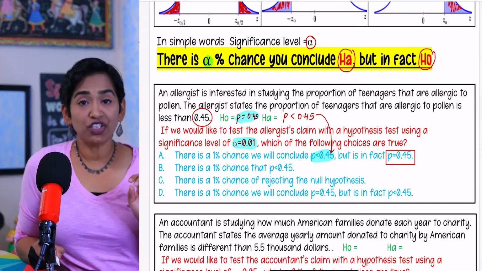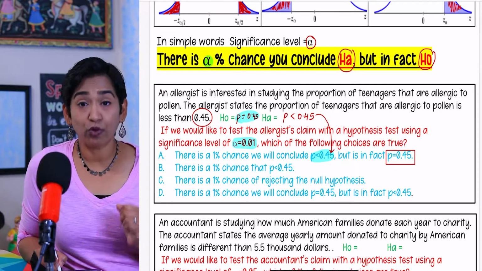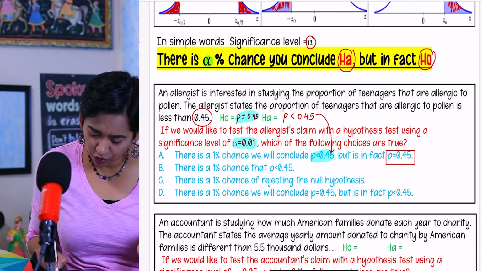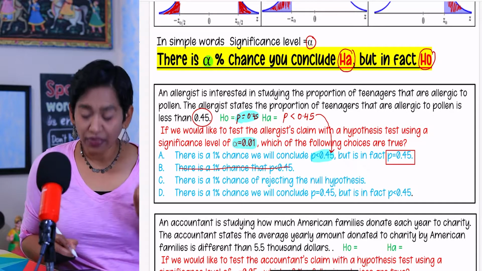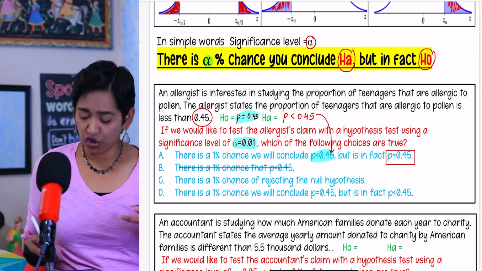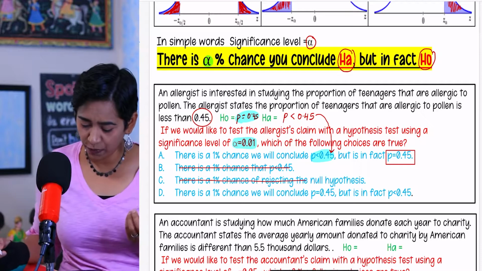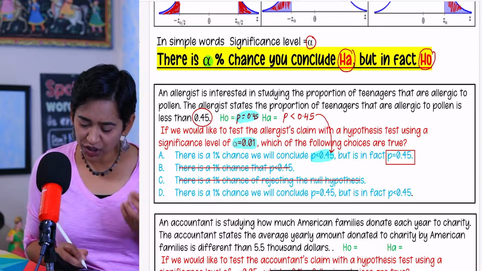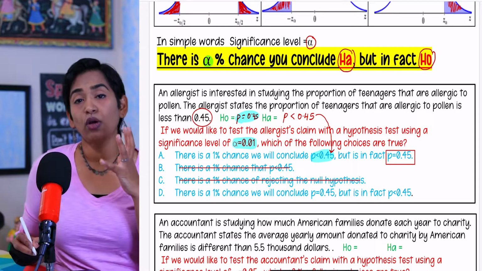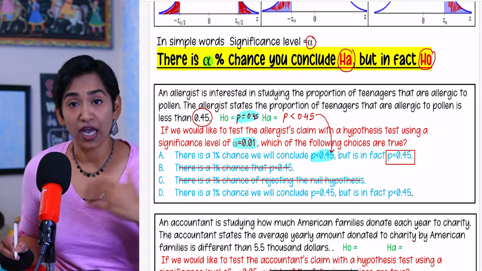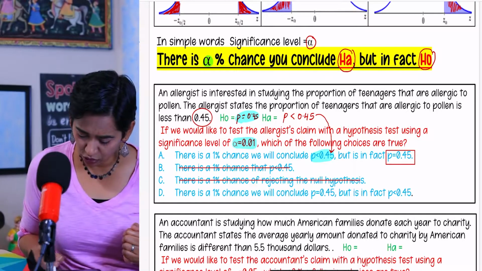There is 1% chance that the proportion is less than 0.5. No, that's only half of what I know, right? So that's not true. There is 1% chance of rejecting the null hypothesis. That's only half of what I know. There is 1% chance we conclude. Remember, alpha is you always conclude about HA, not about H naught. So this is also wrong.